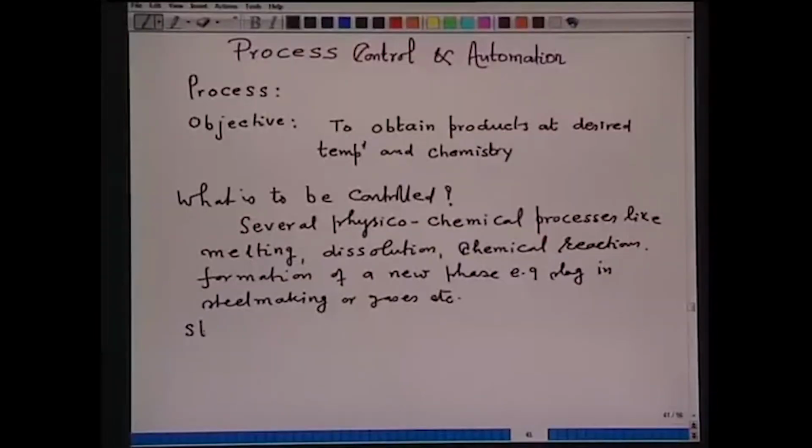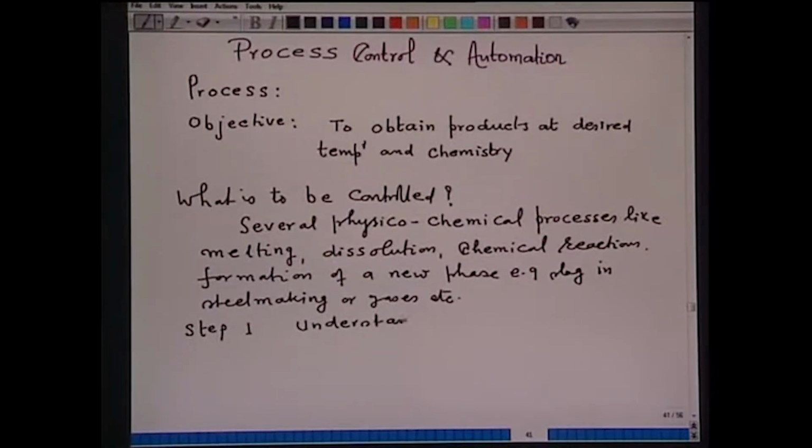All these physico-chemical processes are happening during the conversion of reactant into product for a particular process. So, in fact, we require to control so that we get a product at desired temperature of desired chemistry. So, what steps are required? Step number 1, we have to understand the process, that is very important.